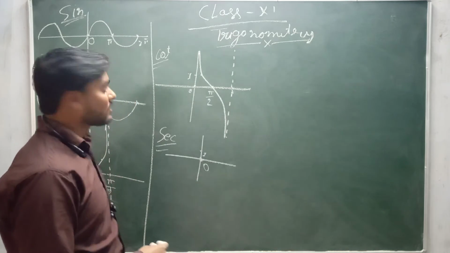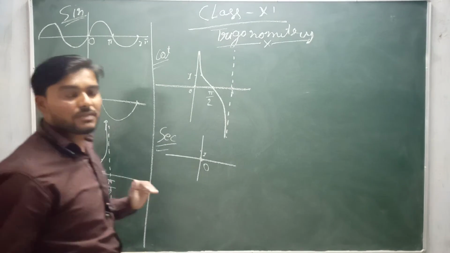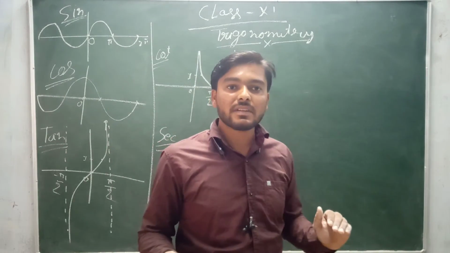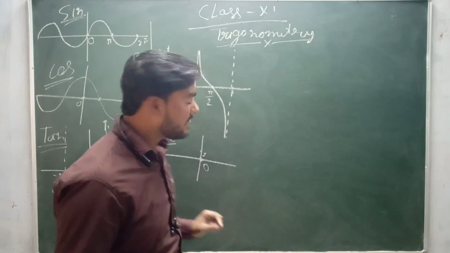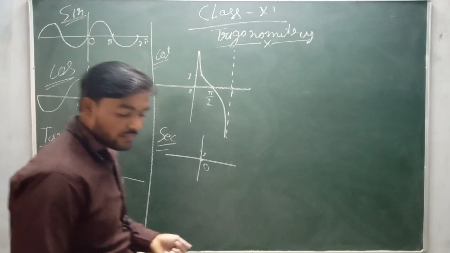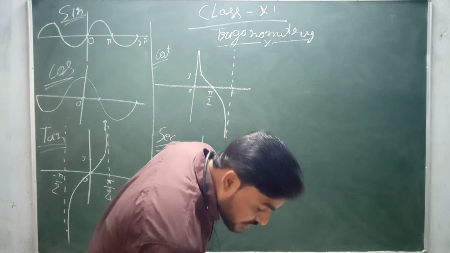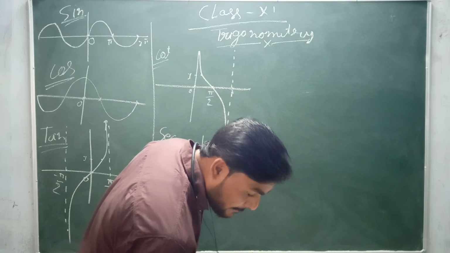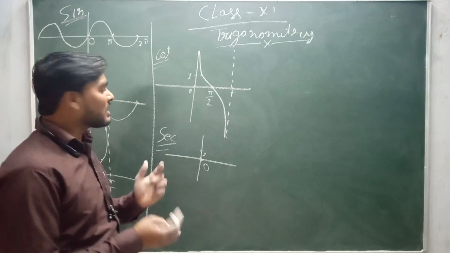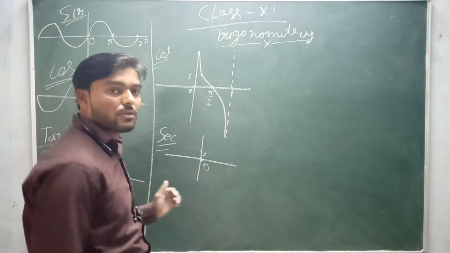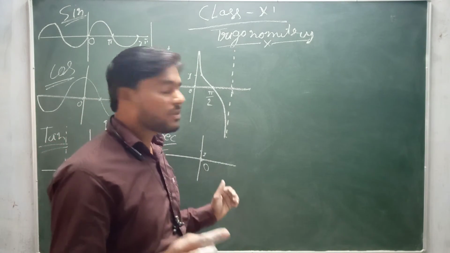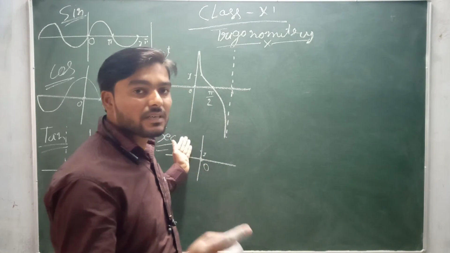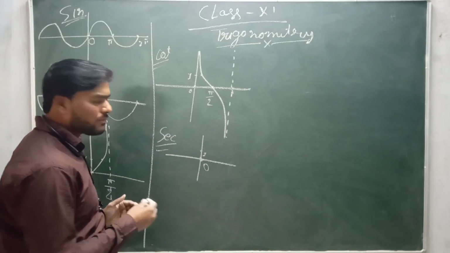Now cos 45 value equal to 1 by root 2, and they are reciprocals of each other. Cos 45 value 1 by root 2 and sec 45 will be root 2, 1.414.